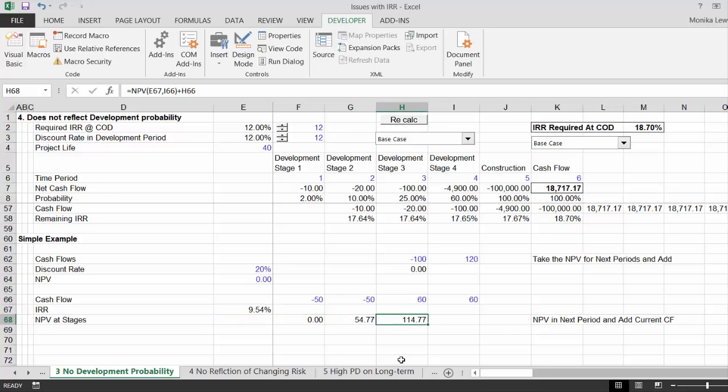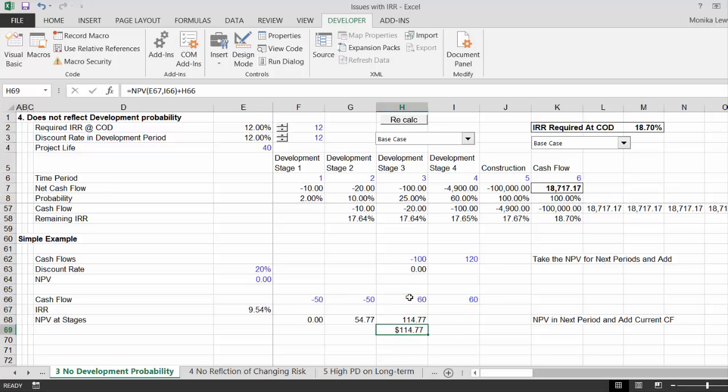Now you could also do this by taking the NPV at the discount rate of the future cash flow. But then adding that, putting a plus sign on this one.